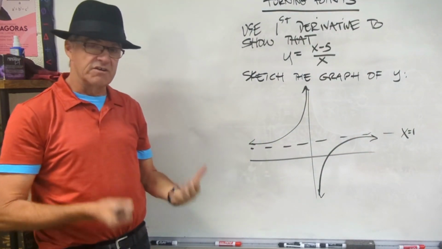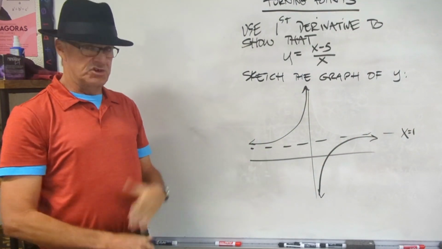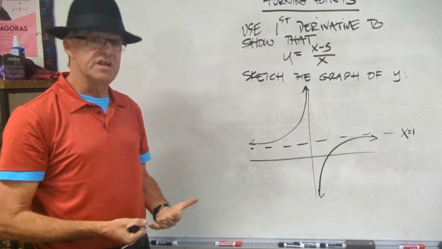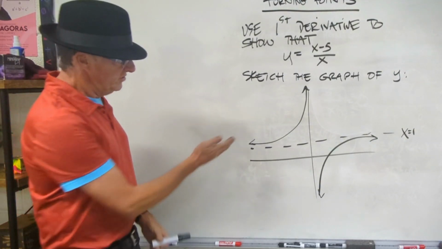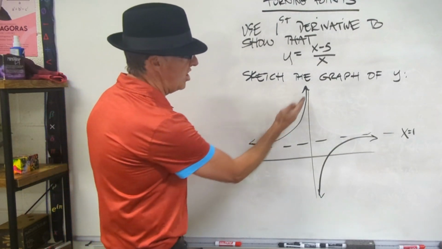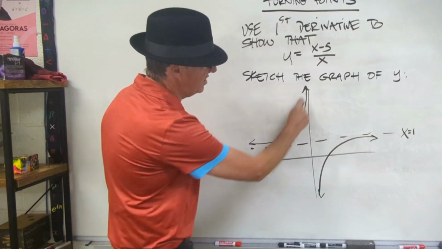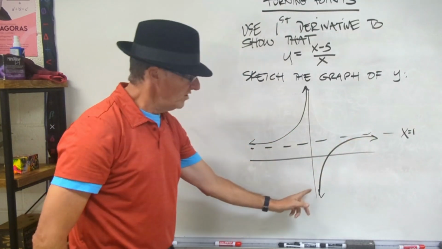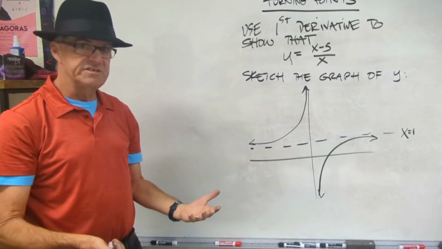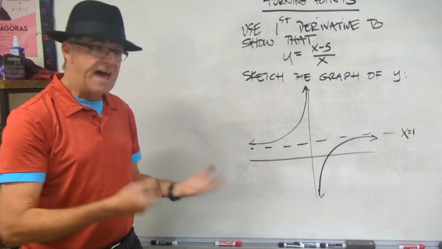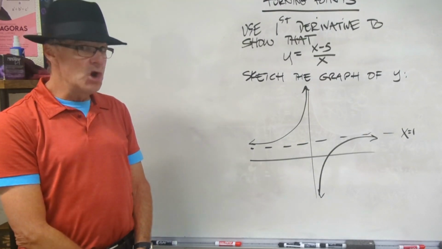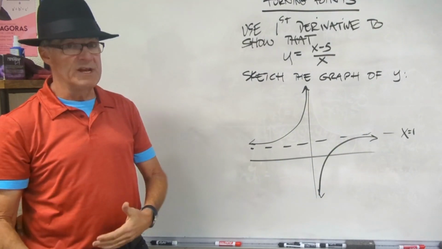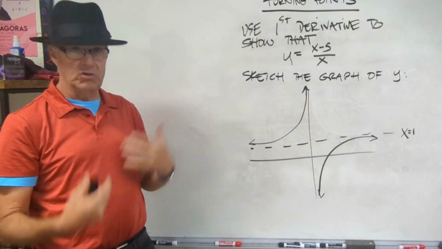Now, check this out. The derivative of this function is always positive. It means the function is always increasing. So you can see here that this function is always increasing. Tangent lines to this slope are always going to be positive, and the same with this one. The function is always going to be increasing. So we learned that. And then check it out. There's no turning points. There's no local maxima or local minima or global maxima or global minima.